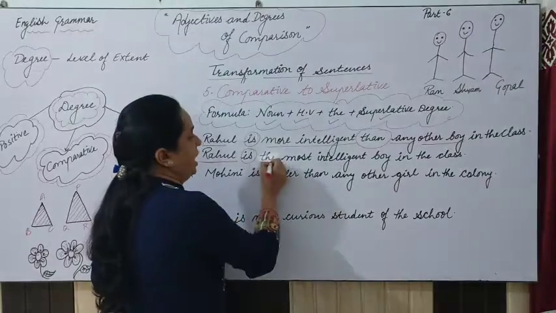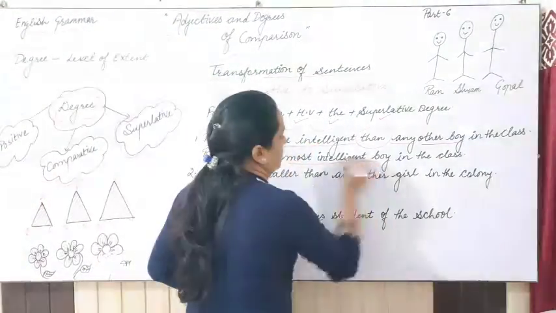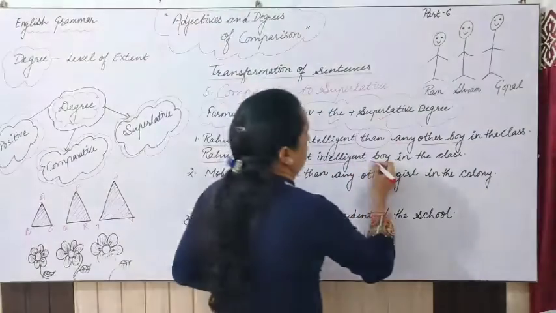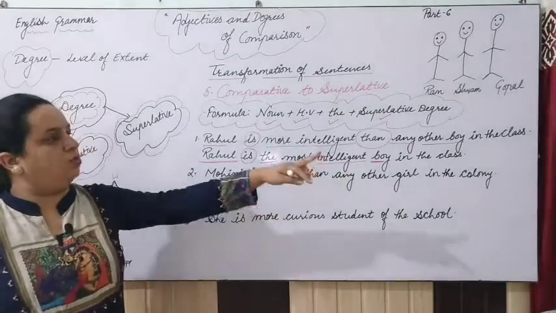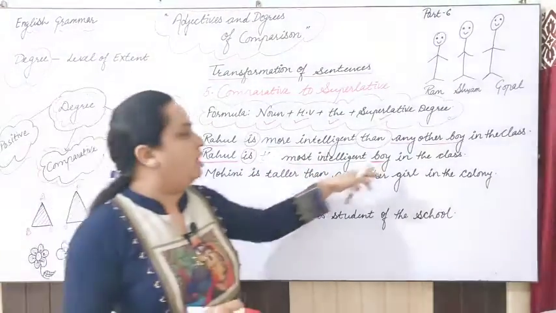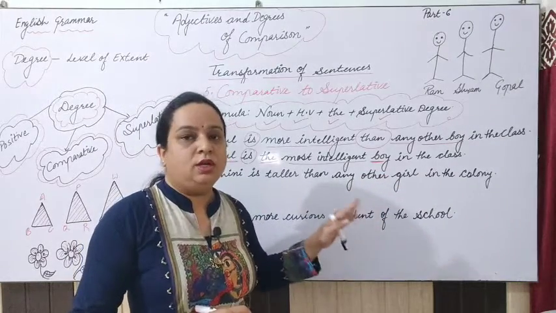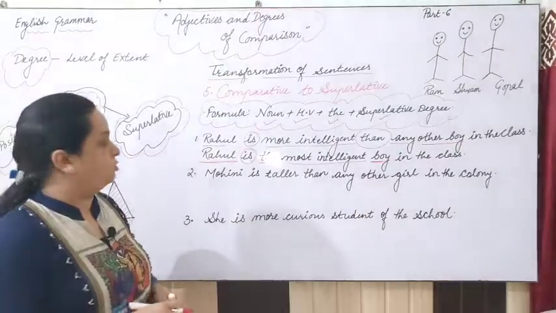And what is the superlative degree of intelligent? That is most intelligent. Boy in the class is the rest of the sentence which we have added here, right? So like this we do the transformation.